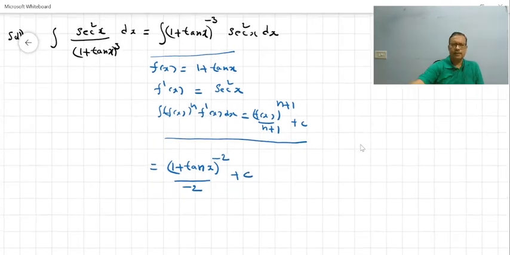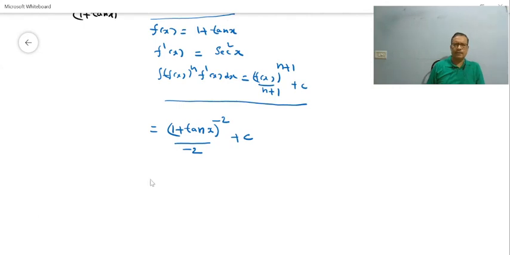So that is equal to minus 1 by 2 (1 + tan x)² plus constant.